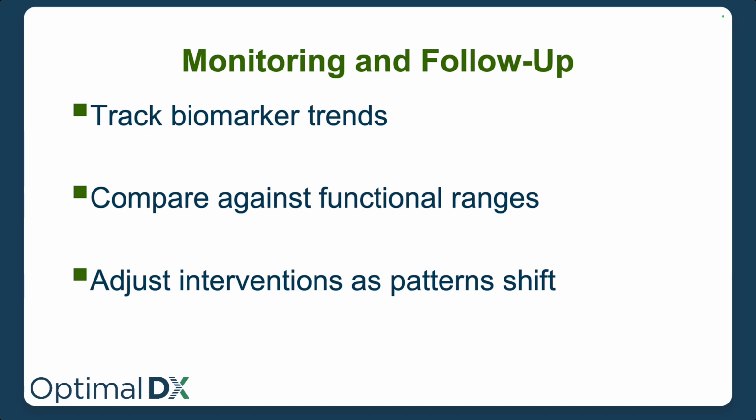Functional ranges provide a benchmark, and pattern recognition shows whether dysfunction is resolving or progressing. And this ongoing assessment transforms lab testing from a diagnostic snapshot into a clinical roadmap.